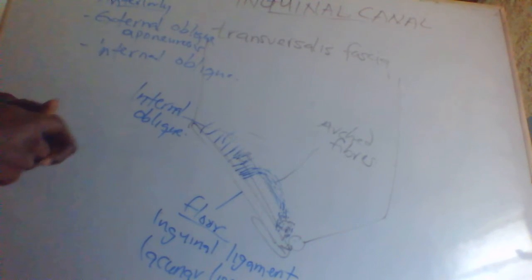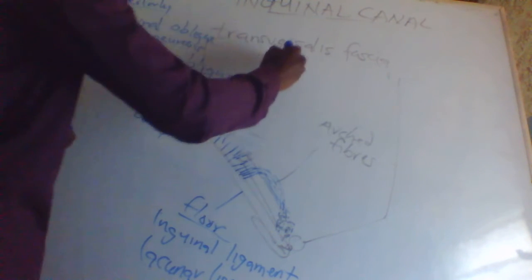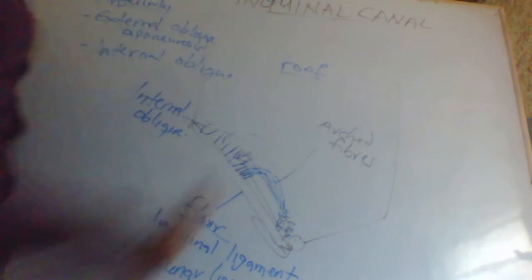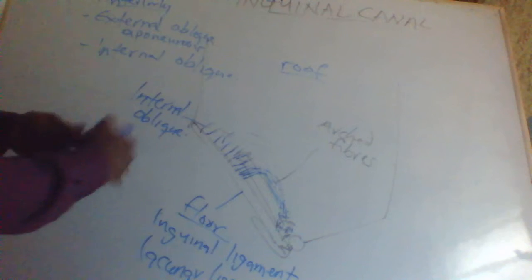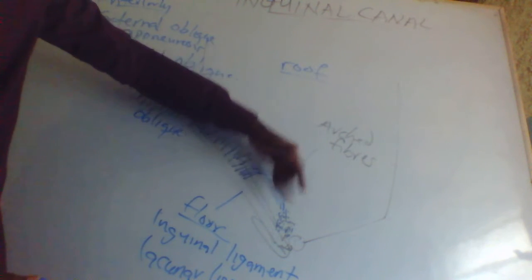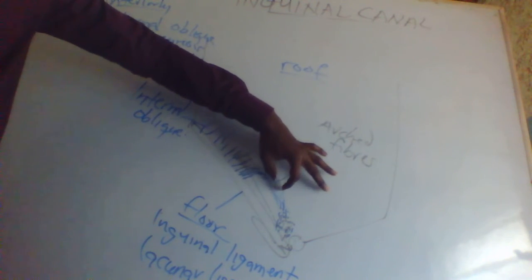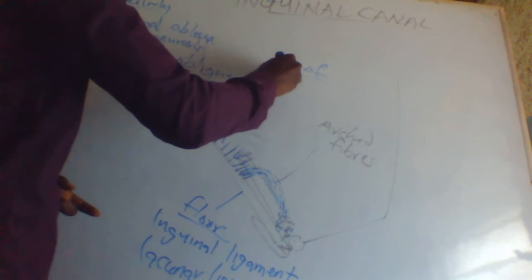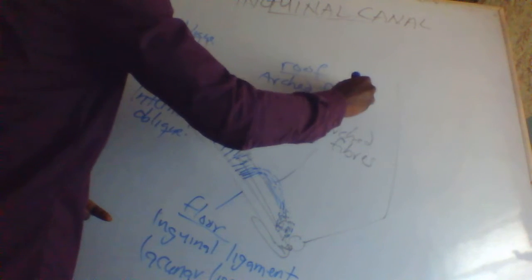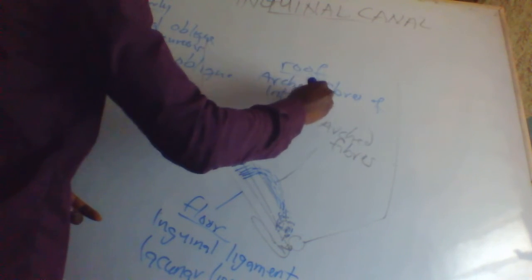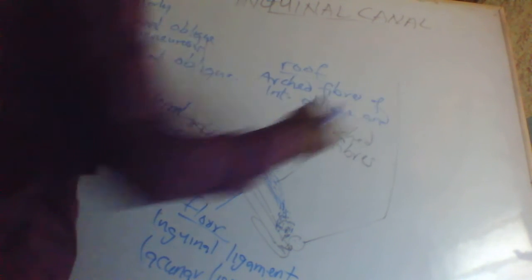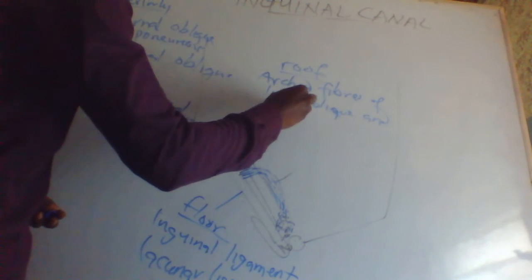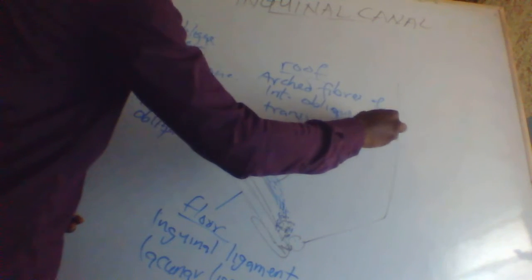Now superiorly, or the roof. So the roof will be made up of, now look at the roof. You can see the arched fibers of what? Internal oblique and transversus abdominis. So arched fibers of internal oblique and transversus abdominis.